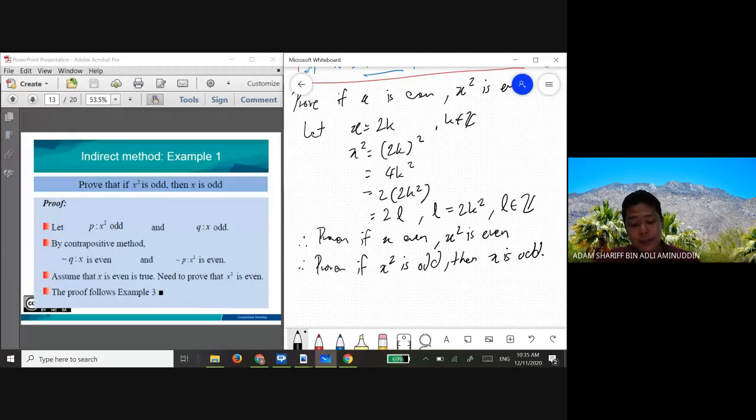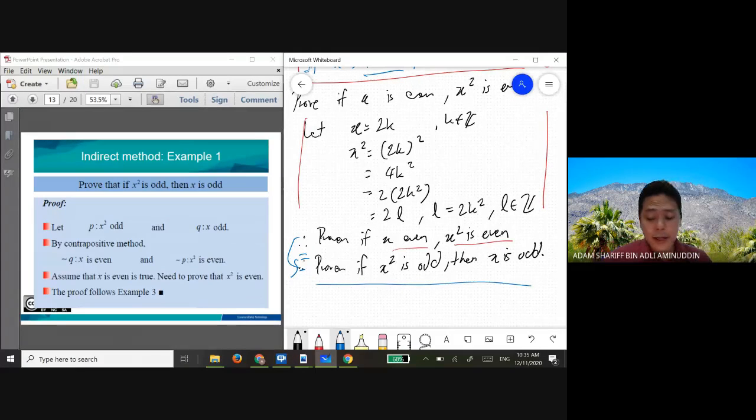Then I use the indirect method. By using the indirect or contrapositive method, I change it into a contrapositive form. So instead, I try to prove if x is even, then x squared is even. And this proof is solid, jelas. And I just managed to prove if x is even, then x squared is even, which is logically equivalent with the initial thing that we want to prove.